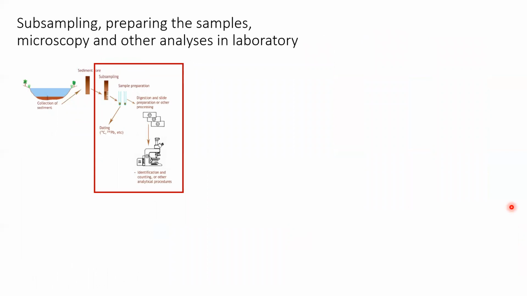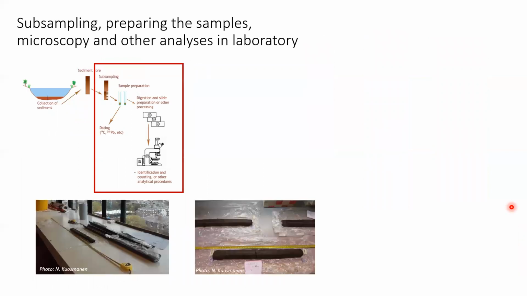So then when we actually have the core, it will be measured and also described in the laboratory, then also subsampled. Depending on the resolution we are aiming for, you can subsample every half a centimeter or every centimeter, or even at higher resolution. Or if you just want a core resolution, then for example 10 centimeters.